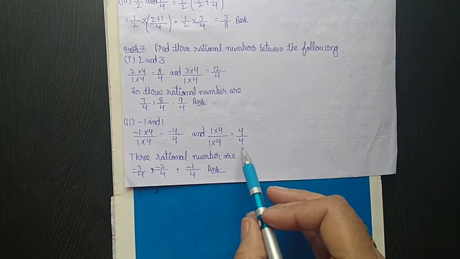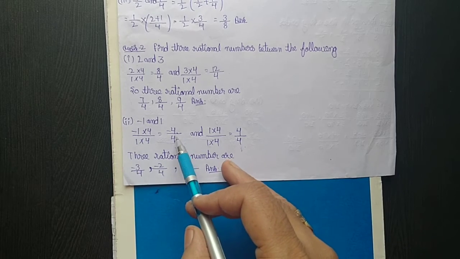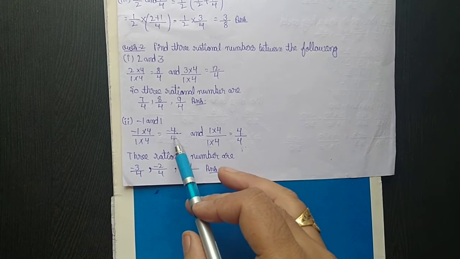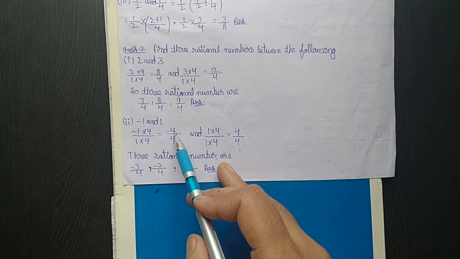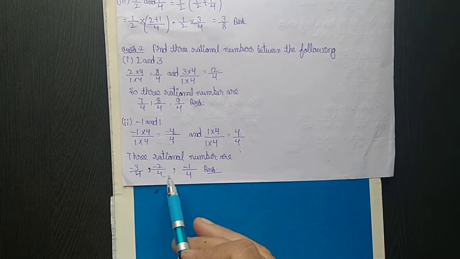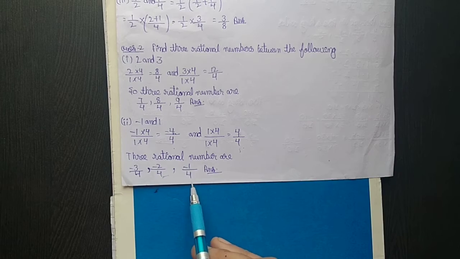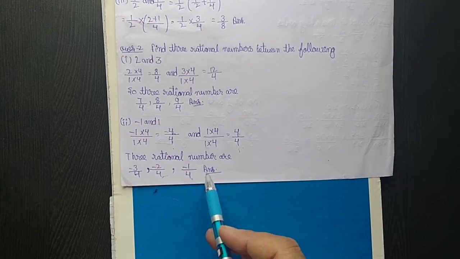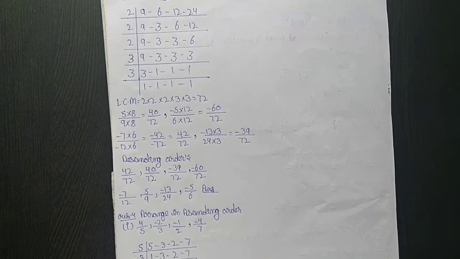So denominators are the same. We will write the 3 rational numbers between minus 4 and 4. We will just observe the numerator. So here minus 3 upon 4, minus 2 upon 4, then minus 1 upon 4. This is the answer.